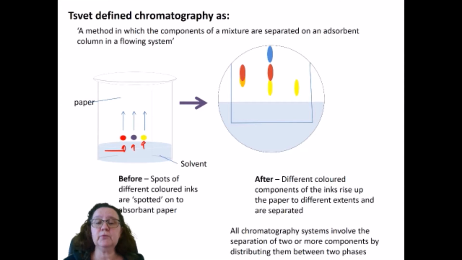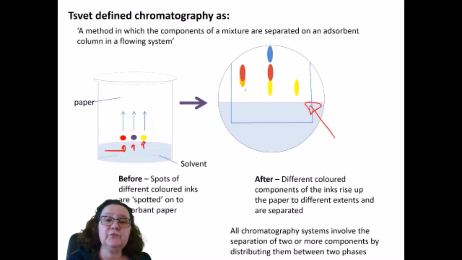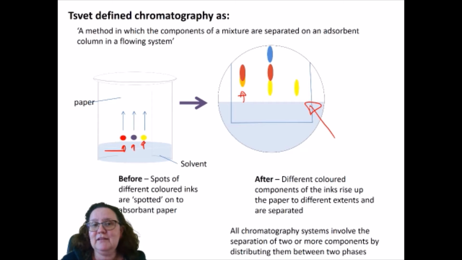So for example, after this particular experiment is performed, you have here an idea of how that may look. We can see that the first spot was actually a mixture of 2 compounds, the orange and the red one, and they haven't been properly separated, but you can see that there are 2 chemicals in that particular spot. The one in the middle is the one that has got more clear separation, and you can see that actually that initial purple spot is a mixture of 3 different compounds.